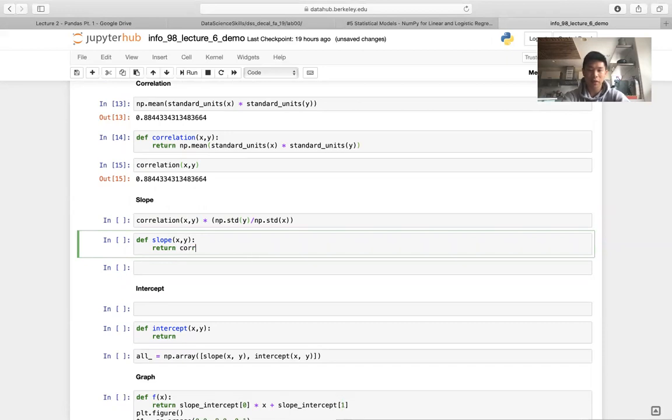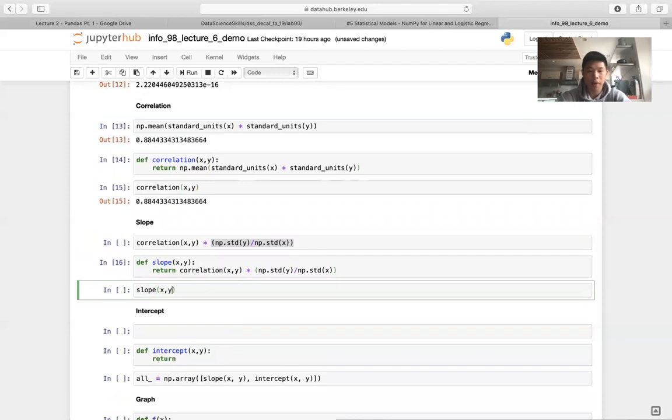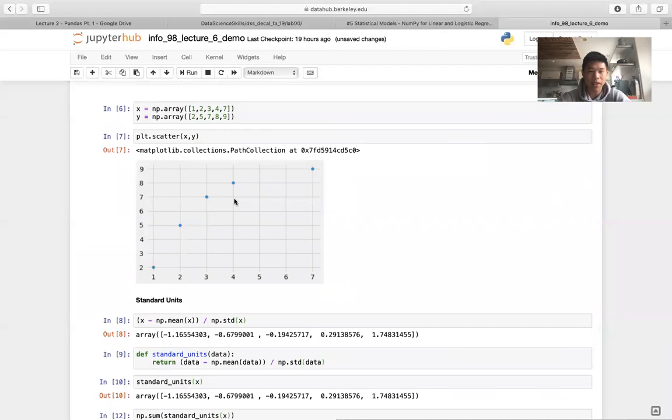It would just be the correlation of x and y multiplied by the standard deviations, I'll just copy it. Now if we run slope on x and y, we see that the slope is very close to 1. We can kind of imagine a slope of 1 just going through here right now.